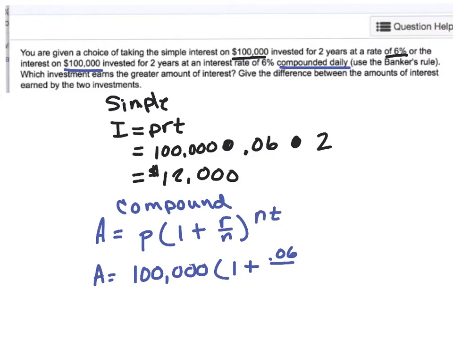And it says to use the banker's rule, which is 360 days in a year. So N is going to be replaced with 360. And then it's all going to be raised using these two numbers up here for an exponent. So again, N is 360 multiplied by T, and T is still 2 years.